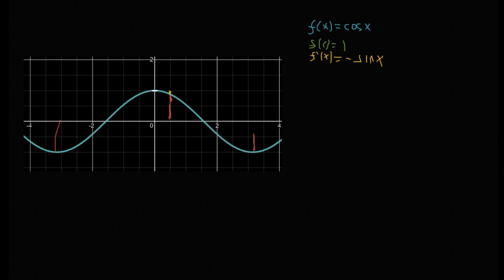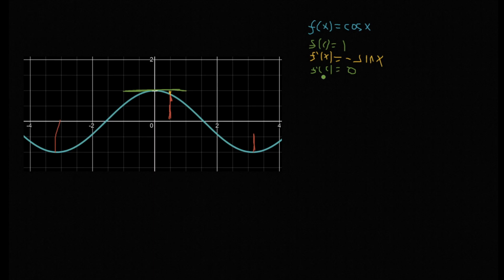Now that we have the derivative, we can calculate specifically the derivative at that point, f prime of c, which is 0. We're looking at x equals 0, and sine of 0 is 0. So we know that this tangent line at that point is horizontal.